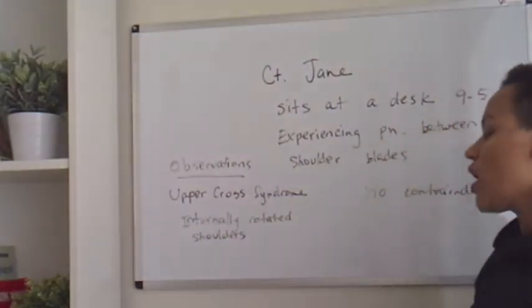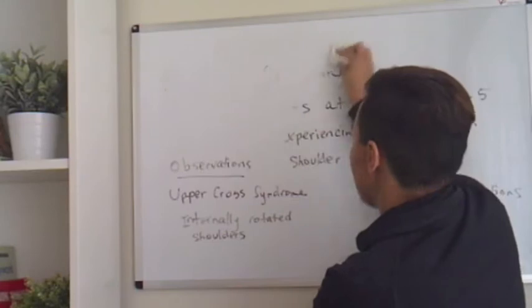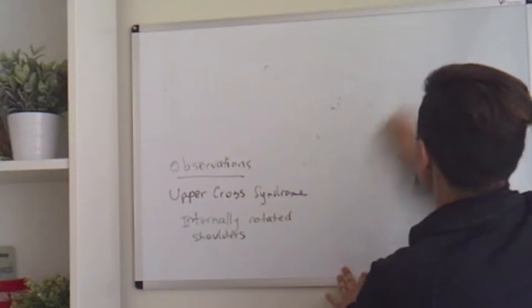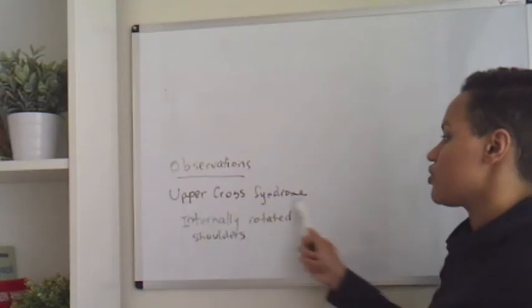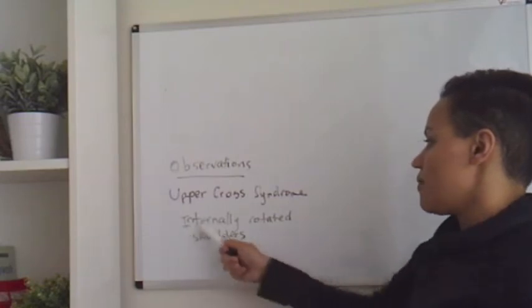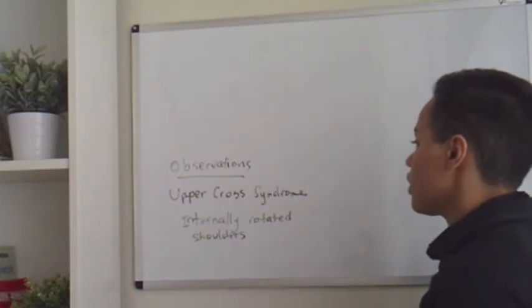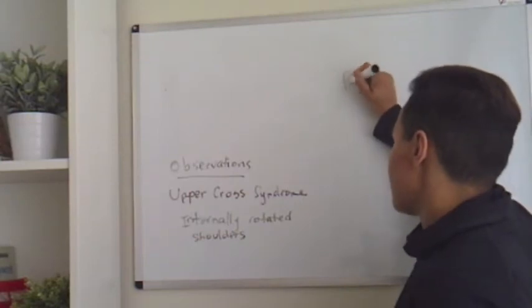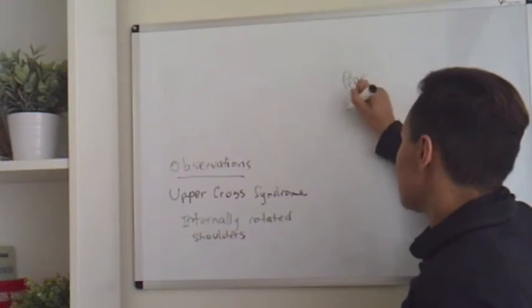So to go forward, what we are going to do as practitioners is we're going to take our client Jane, and assuming that we have about an hour with her, we're going to want to make sure that we're addressing all of the muscles that are tight or locked short for upper cross syndrome and also internally rotated shoulders. So for upper cross syndrome, we talked about in the last video that the pecs are going to be tight. Another muscle that we didn't talk about that will be tight is the anterior delt.